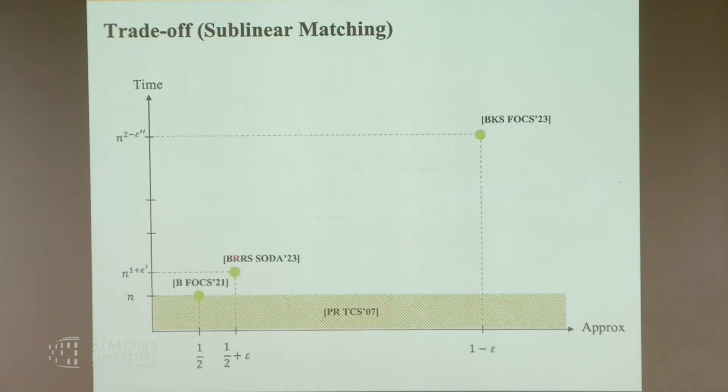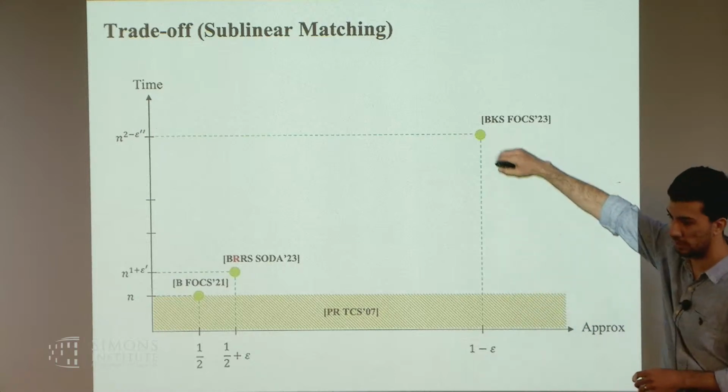So if we put this lower bound in the plot, we know that there exists no point below in this orange area. Up until very recently, this was the best lower bound that was known. In this talk, I'm going to show how you can push this lower bound all the way up to here.